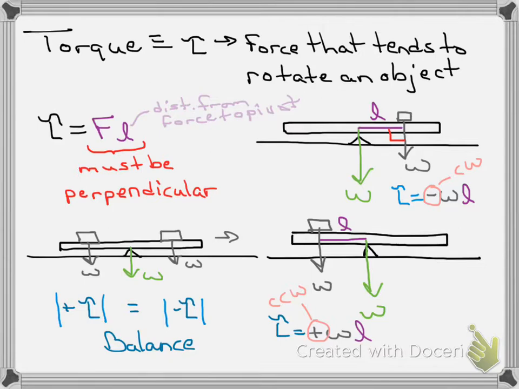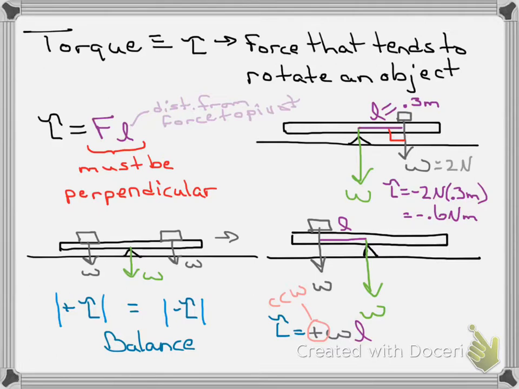So let's put some numbers to this particular example. If I let my mass have a weight of 2 newtons and be a distance of 0.3 meters from the pivot point, then I get my torque as negative 0.6 Newton meters. Now, previously, when we were doing work and having a force times a distance, we called the Newton meter the joule.